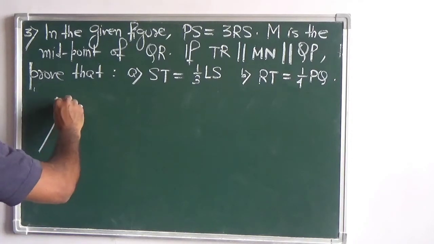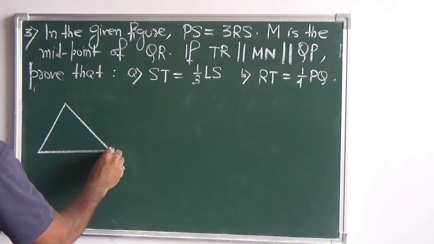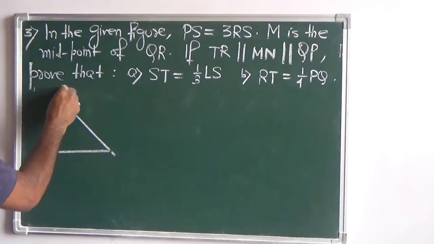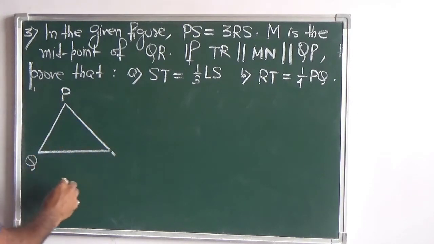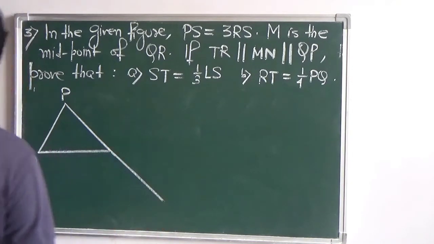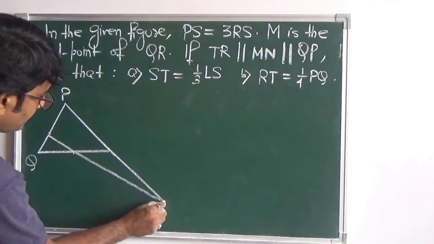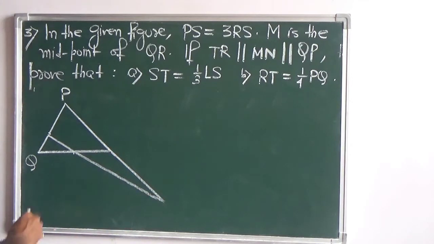Anyway, so this is the triangle. This is PQ, and we have to extend this. This is drawn like this. Draw the diagram carefully.